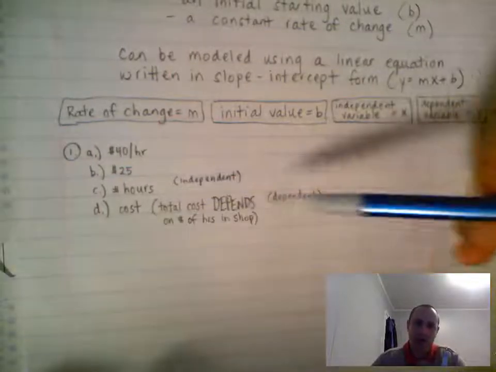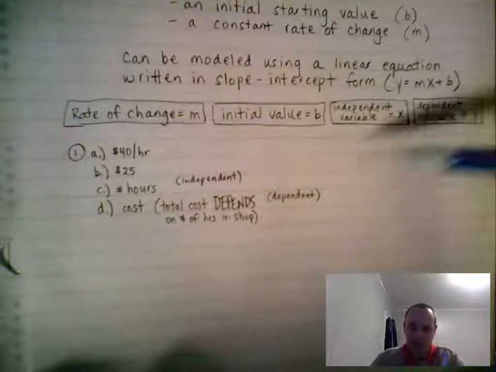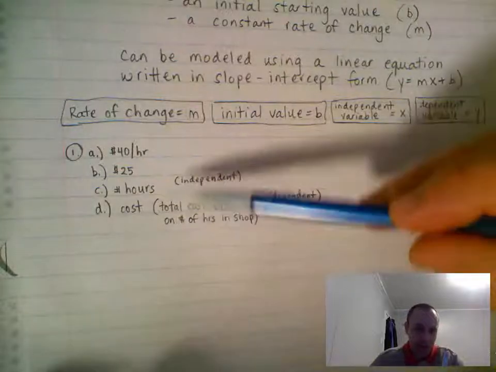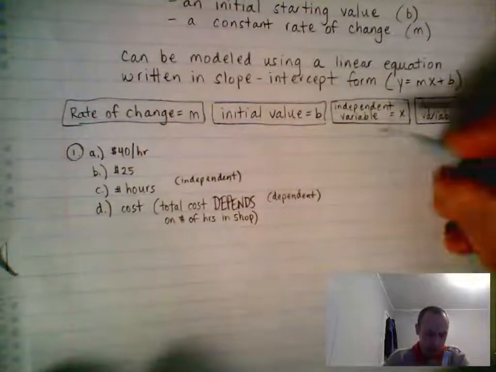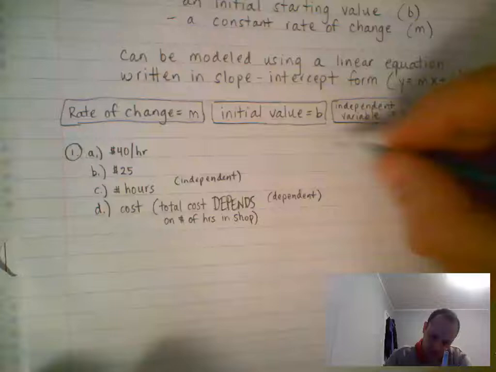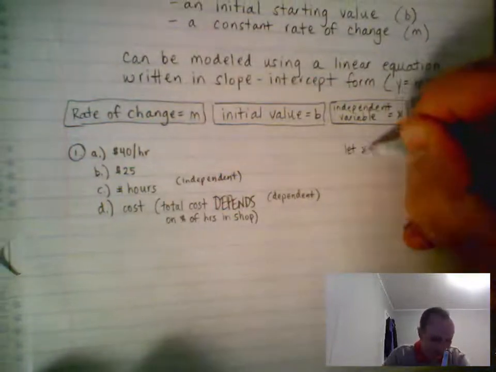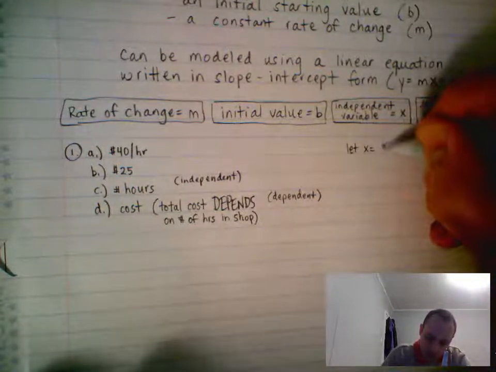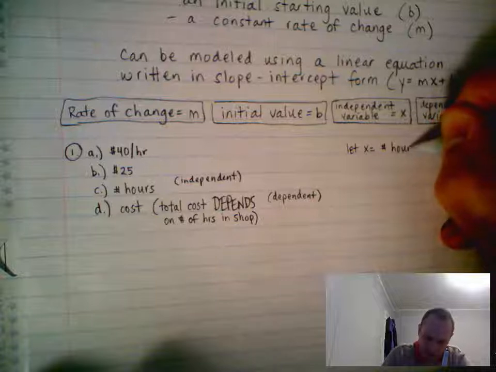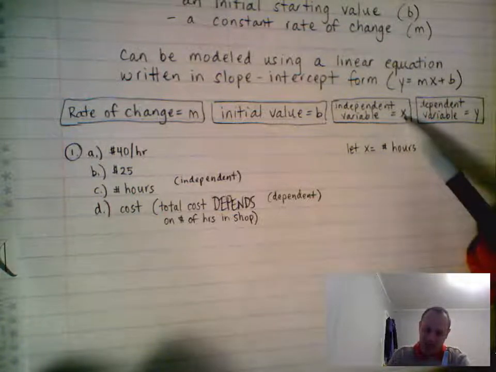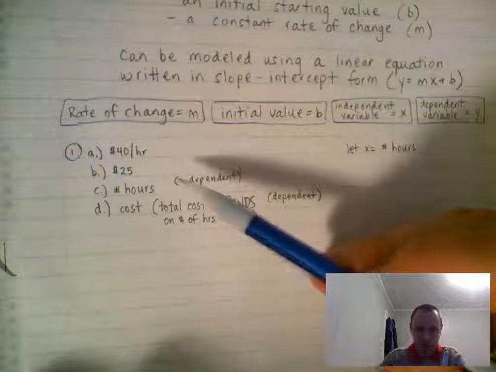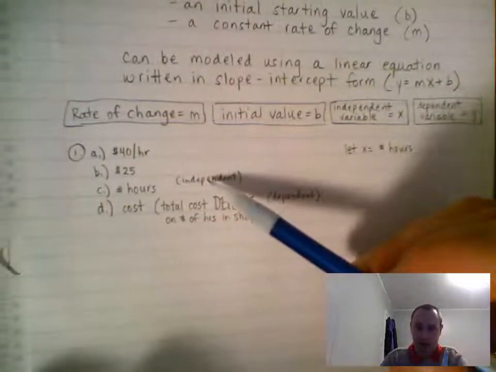The number of hours is your independent variable. The cost is your dependent variable, right? Because it depends on the number of hours you worked. So over here, let's write down our variables. Let x equal the number of hours. I'm using x here because x is independent and my number of hours is independent.